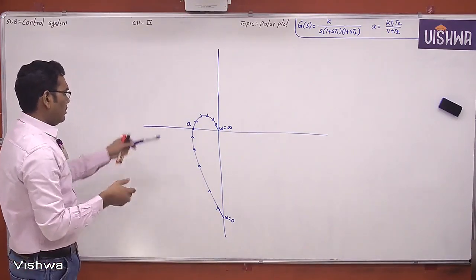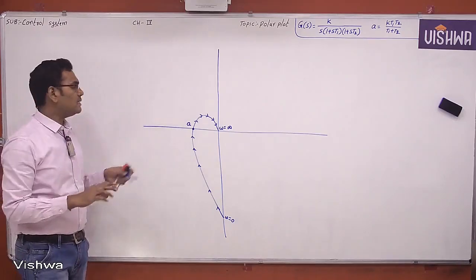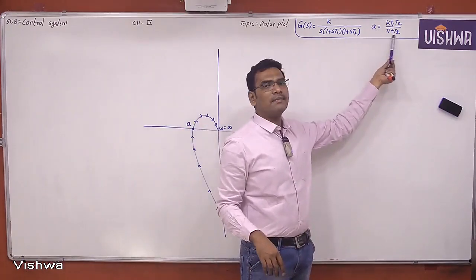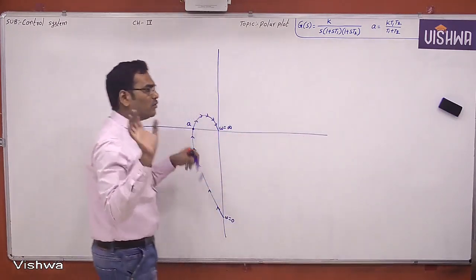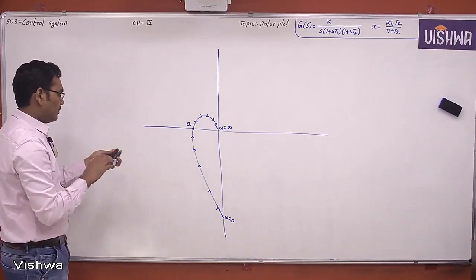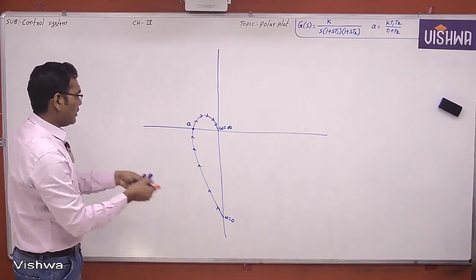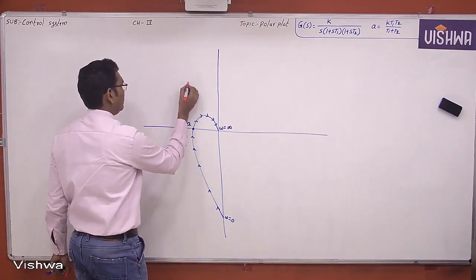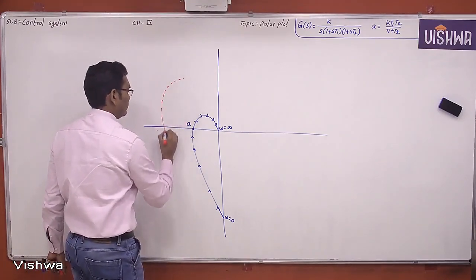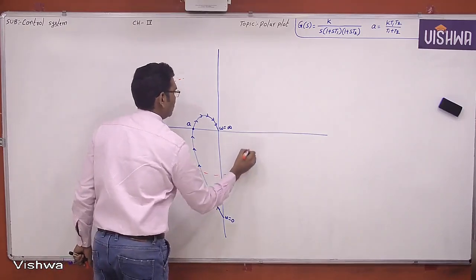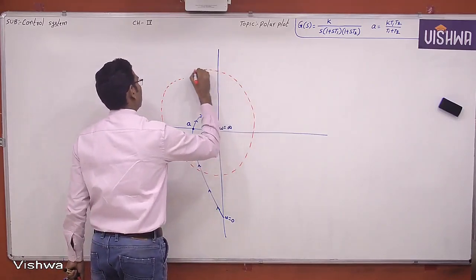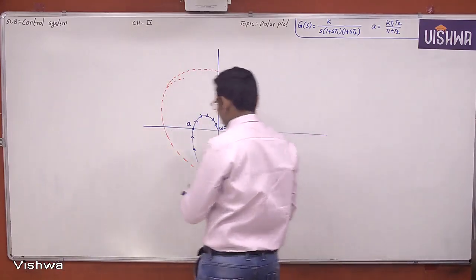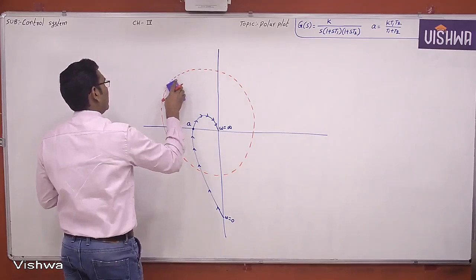Now see here, this is the polar plot. What is A? A is the magnitude of the polar plot where the polar plot crosses the negative real axis. That magnitude we already calculated by using some procedure, and the magnitude is A. Now this is the polar plot which is given to you, and this is the magnitude one circle.